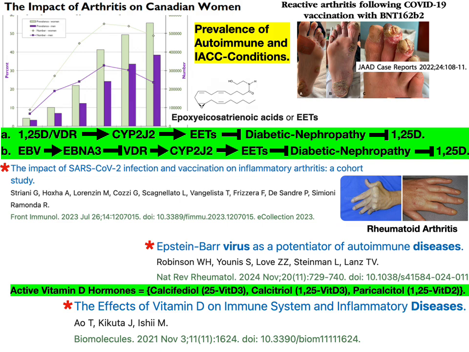And so it is confusing to read the effects of vitamin D on the immune system and inflammatory diseases. It is the hydroxylated versions of vitamin D which become active hormones. And it's very important to distinguish the state of hydroxylation to understand the impact of vitamin D metabolites, vitamin D hormones, on the immune system and inflammatory diseases.